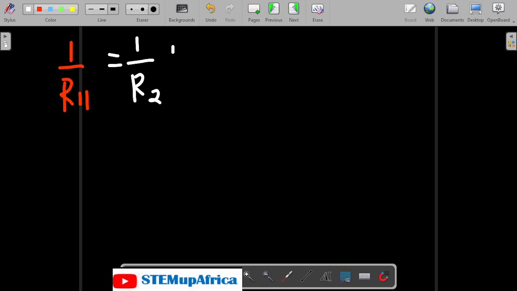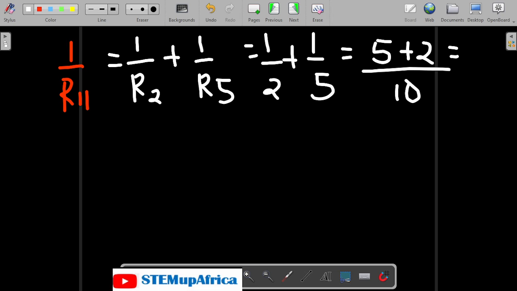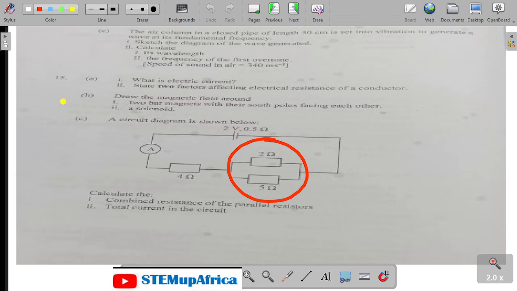So 1 over R in parallel will be 1 over R2 plus 1 over R5. Basically 1 over 2 plus 1 over 5. The LCM is 10. I'm having 5 plus 2, which is 7 over 10. So my resistance in parallel will simply be 10 over 7 ohms.